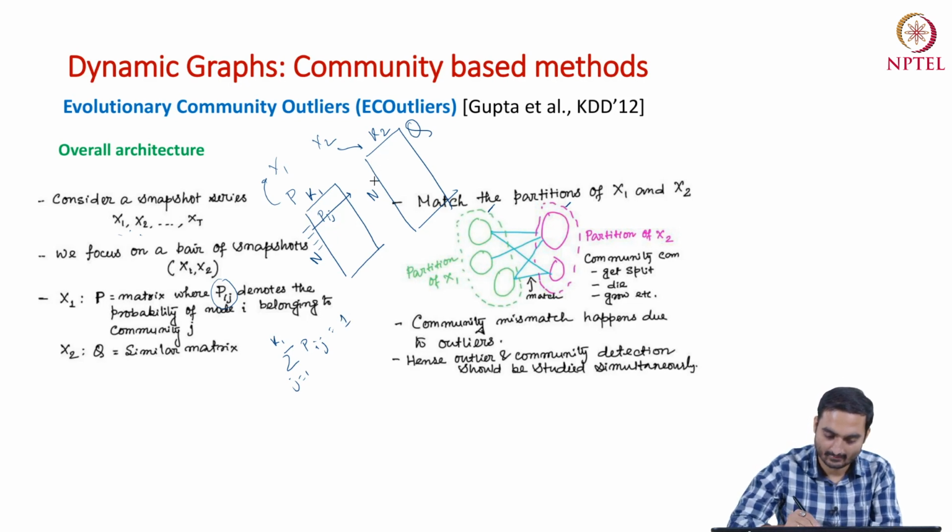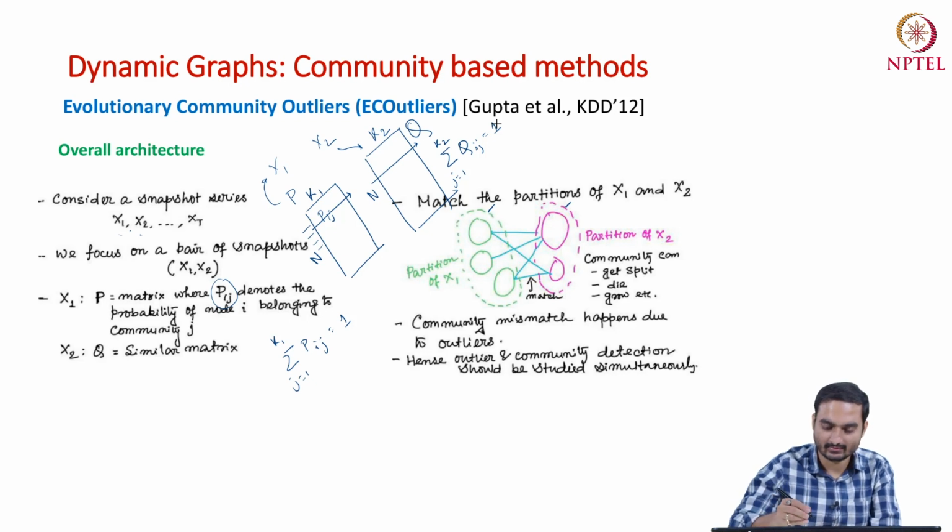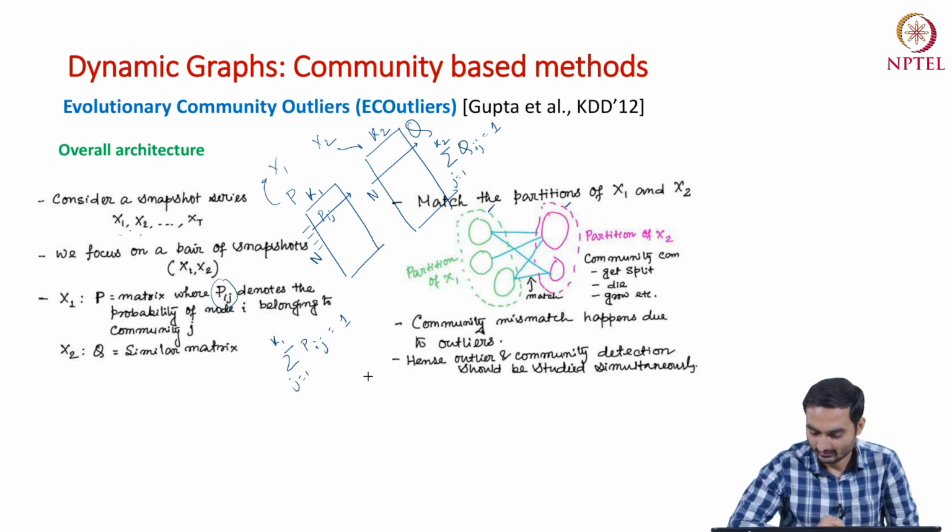Similarly, for Q, the sum of Qij from 1 to K2 is 1. This P and Q you can easily measure from the algorithm.